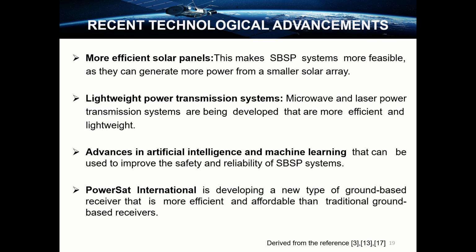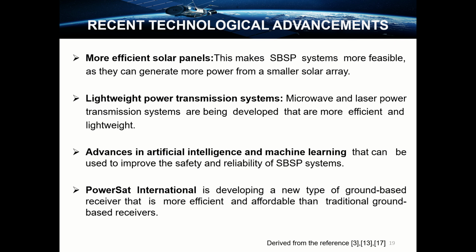The recent technological advancements. First, more efficient solar panels. This makes space-based solar power systems more feasible as they can generate more power from a smaller solar array. Second is the lightweight power transmission system. Microwave and laser power transmission systems are being developed that are more efficient and lightweight.